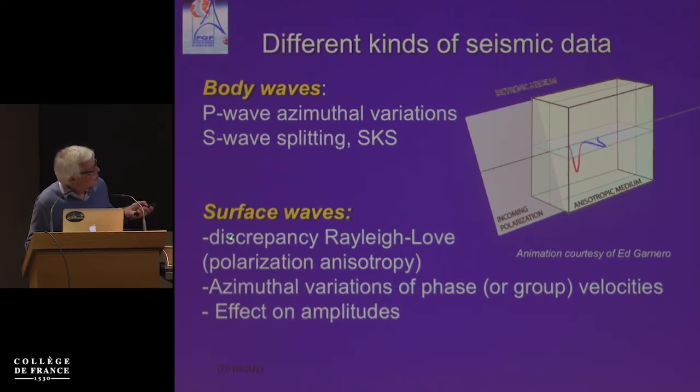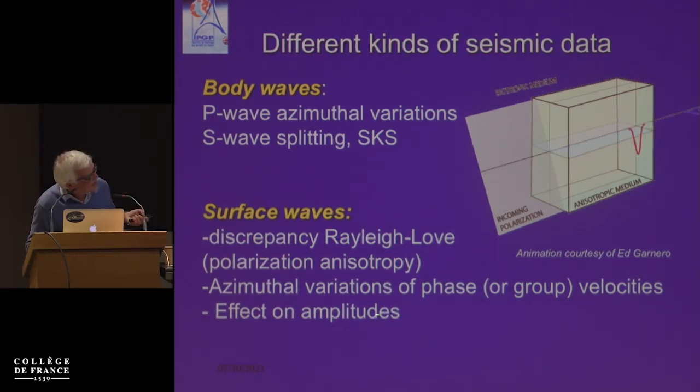Of course, what I will show you is results from surface waves, and it's a long-standing result that there is a discrepancy between Rayleigh and Love wave dispersion curves, and it was necessary to introduce what is named the polarization anisotropy. But since the 60s, this first discovery, now what we retrieve is at the same time the azimuthal variation of phase or group velocities.